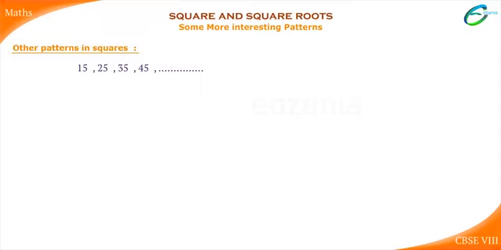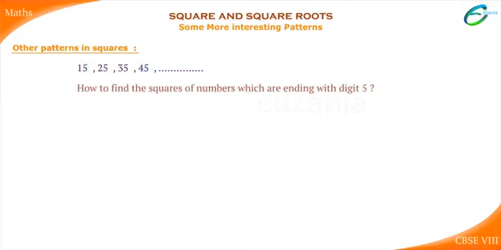What patterns do you observe in the following numbers? All these numbers are ending with the digit 5. We can easily find the square of the numbers ending with 5. Let us find the square of 25. In the number 25, we have two digits. First, find the product of the first digit and the successor of the first digit.